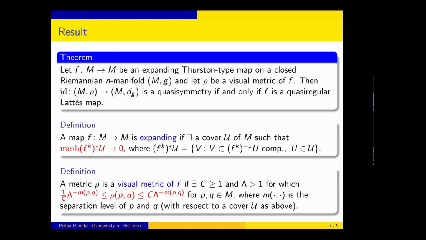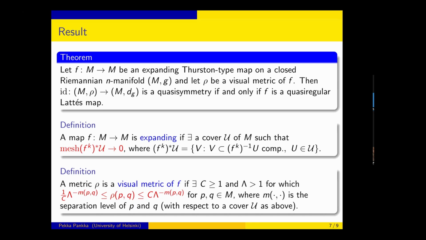And then the visual metric is now built using, for example, a cover like that, so that you find a metric which has the property that it's comparable to a kind of length scale coming from the separation level, so that you have this parameter c and alpha.